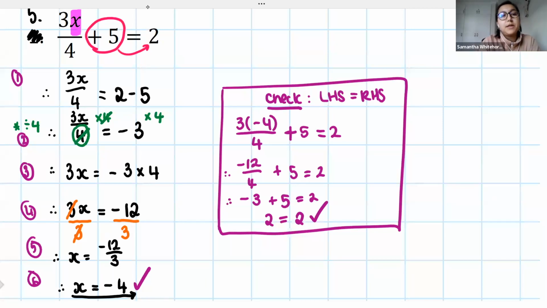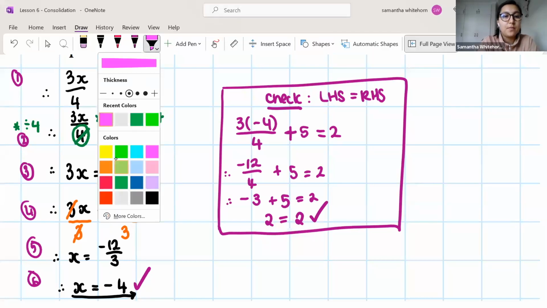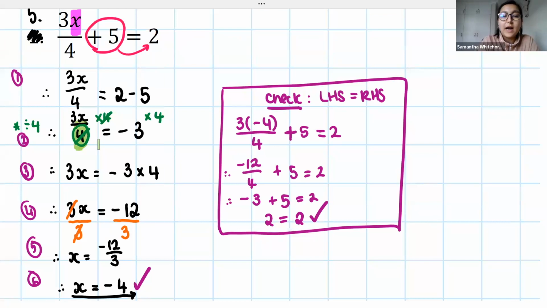So remember, step 2, I've got 3x divided by 4. So this division by 4, I don't want a fraction. I want to get rid of the division by 4. The inverse or the opposite of division is to multiply. If I multiply the fraction by 4, I get rid of it.